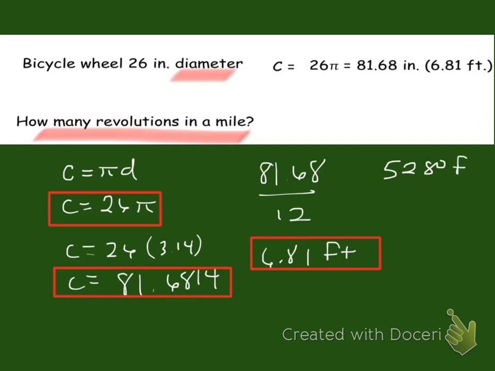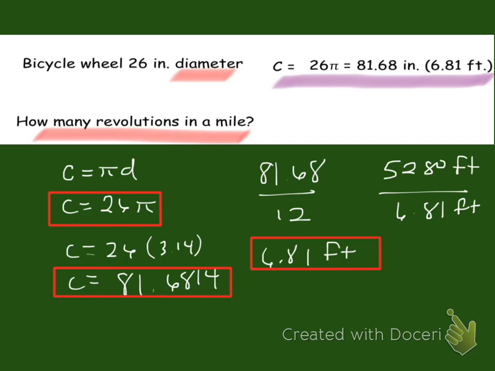So if it's 5,280 feet, and you know that every revolution is the circumference, so every revolution takes 6.81 feet, then all you would have to do is take that mile, 5,280, and divide it by 6.81 feet to see how many times the bike tire would actually rotate in a mile.